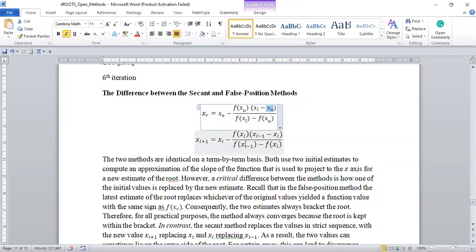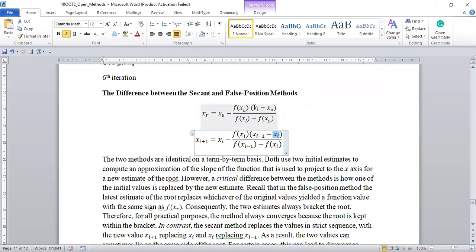But for the second method, these values are not necessarily going to bracket the root.